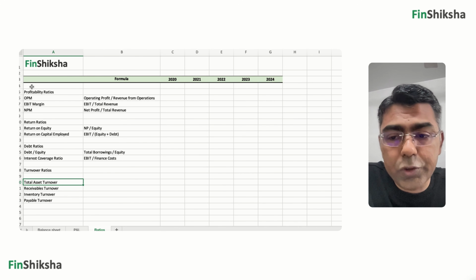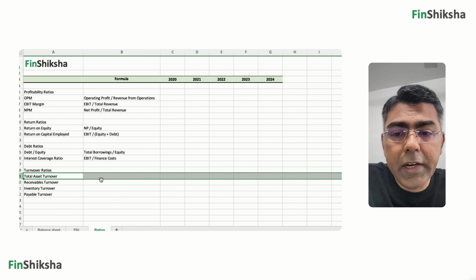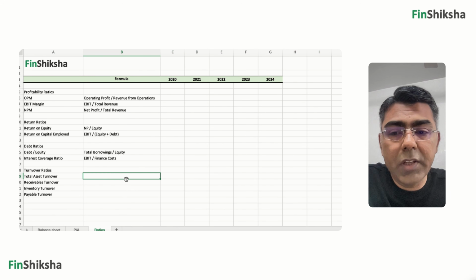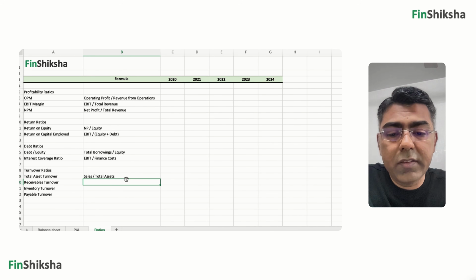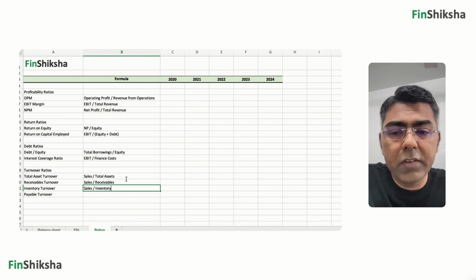In all of these ratios, typically, while textbooks may suggest otherwise, I recommend using sales in the numerator. So this will be sales upon total assets. And then we will look at sales upon receivables. We will look at sales by inventory. Basically, whatever is the turnover ratio, sales upon that metric is what we are looking at.